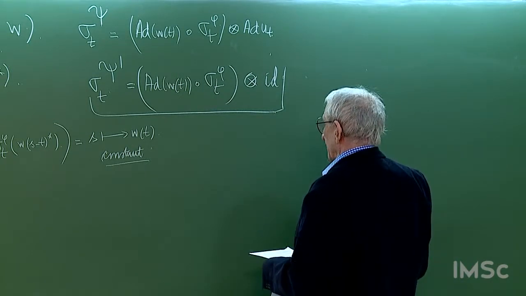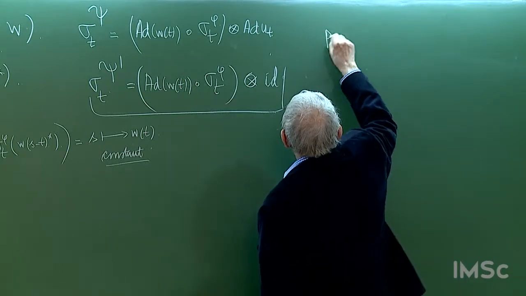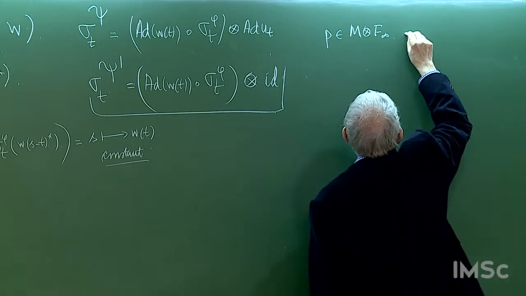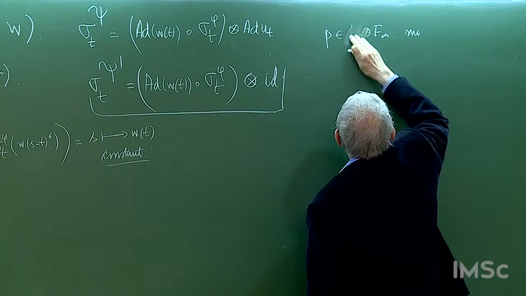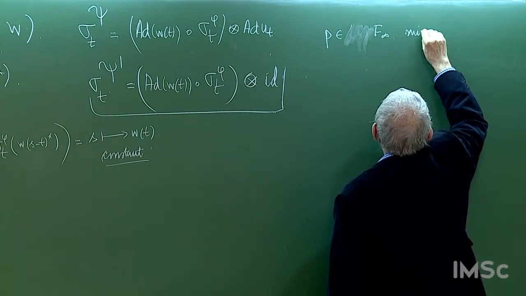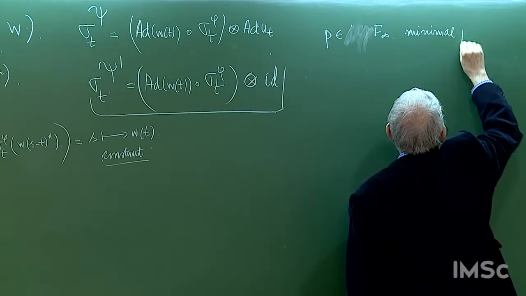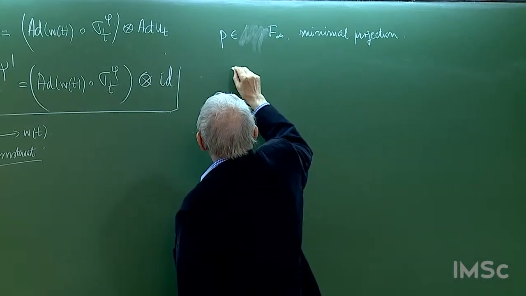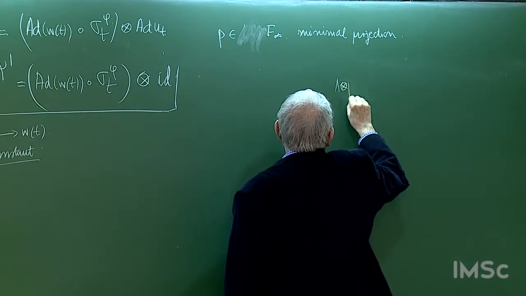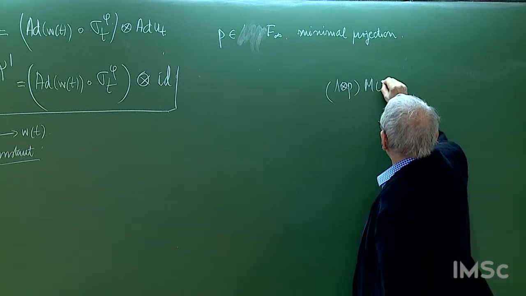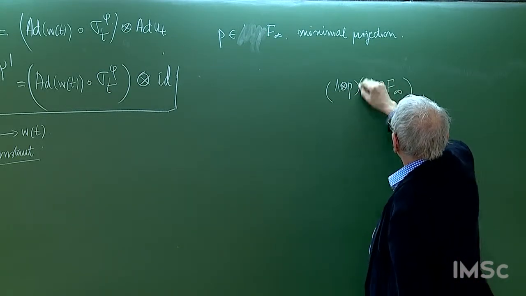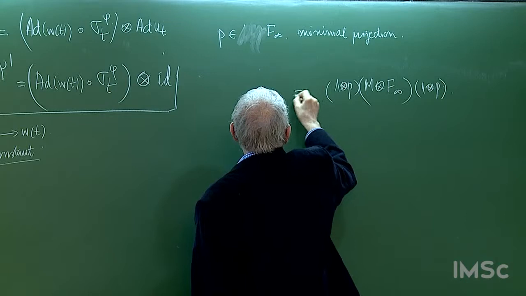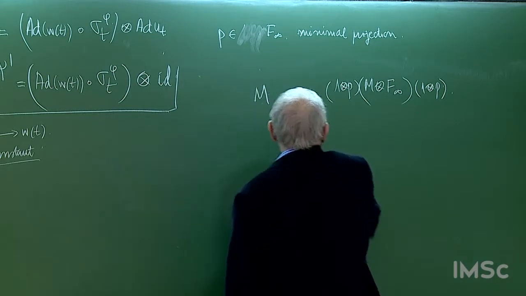Okay. Now we take P in F infinity, any minimal projection. And I look at a projection 1 tensor P. 1 tensor P, M tensor F infinity, 1 tensor P is the same thing as M, the initial algebra.